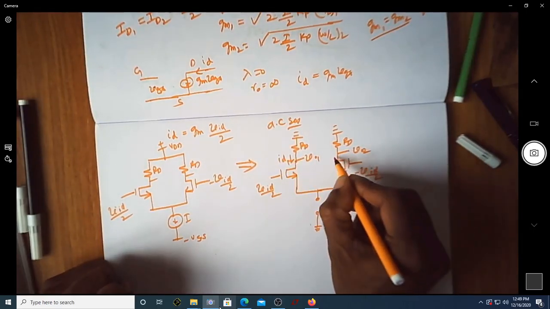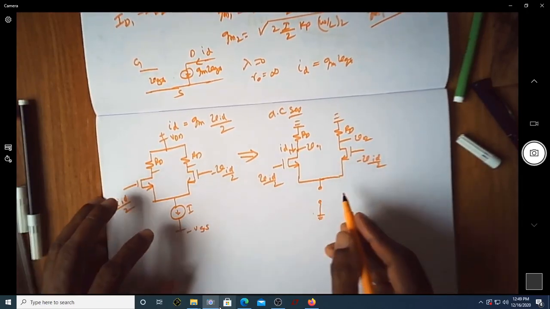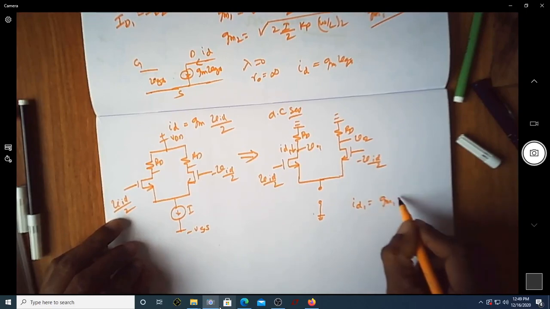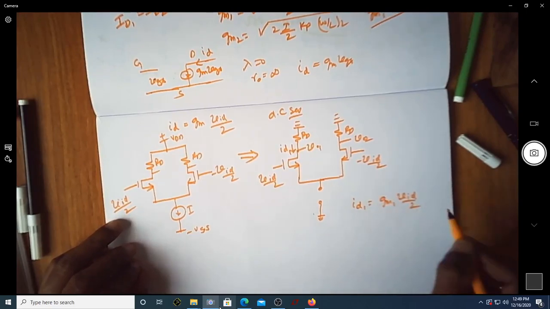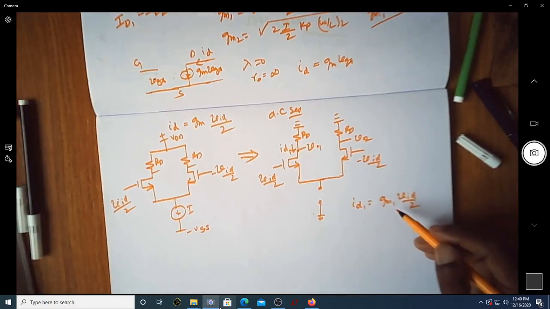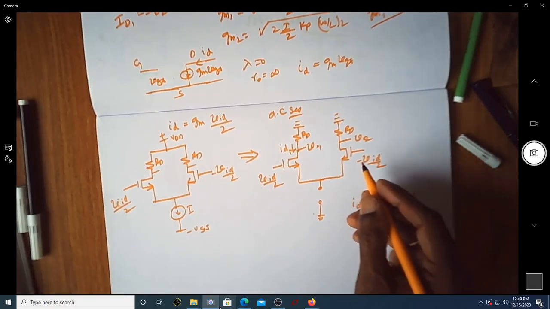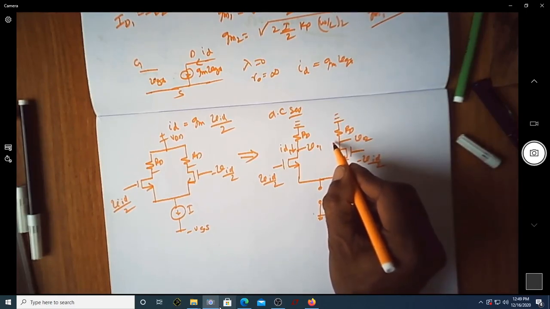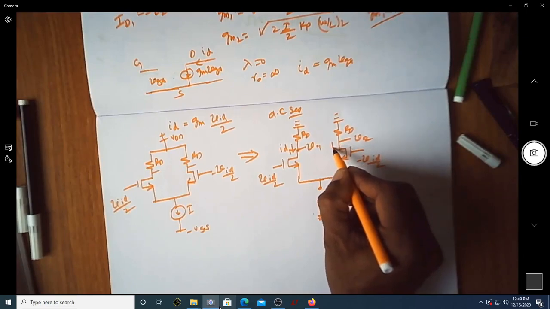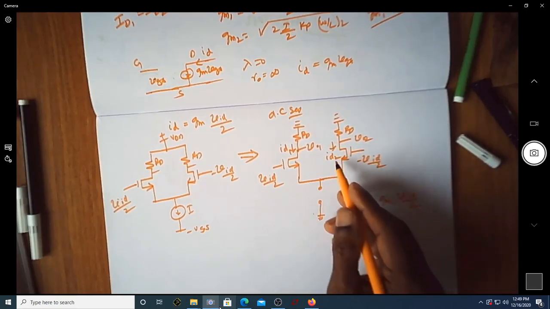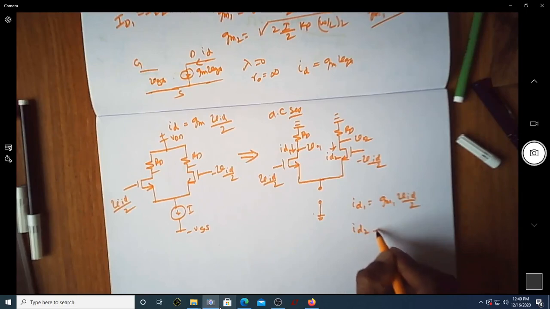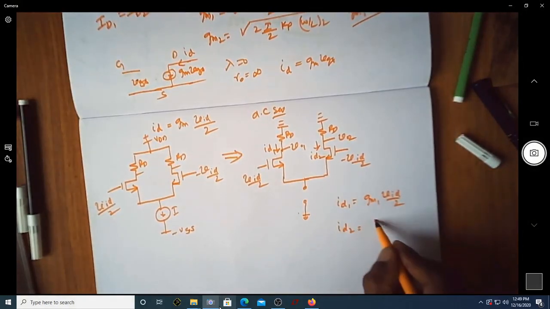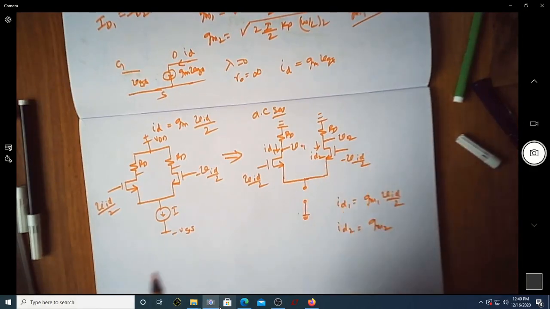Fine. So let us write, what is this? This is ID1. What is ID1 as per this? Shall we write ID1 is equal to GM1 into VID by 2. Suppose I write this as ID2, what is ID2 now? Is ID2 exactly as in the previous case, GM2 and the applied input voltage?